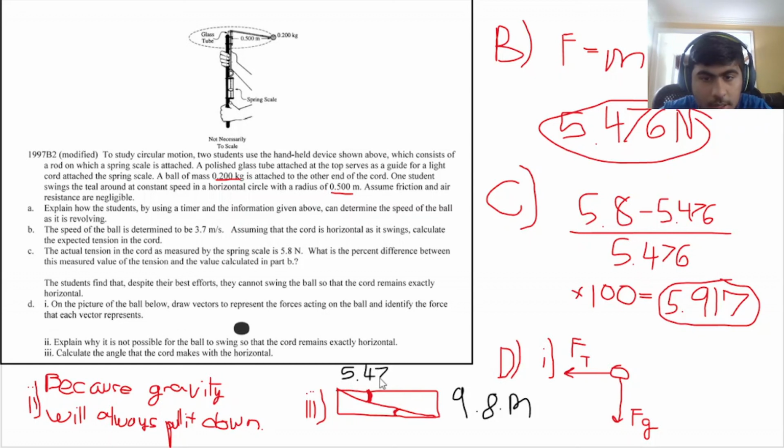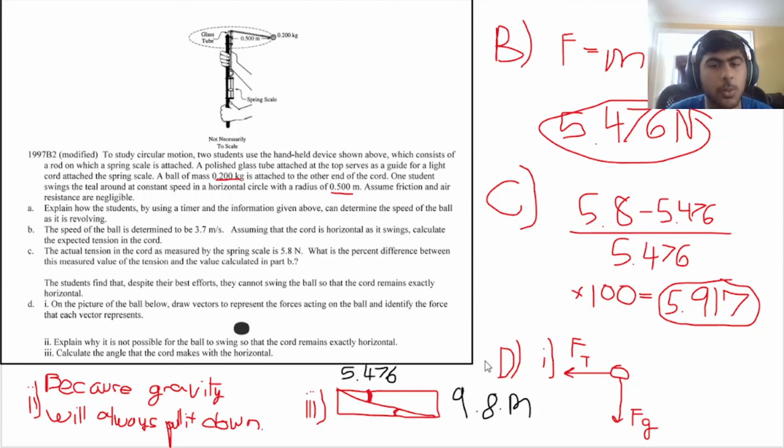And you notice something. If you take that 1.96 and that 5.476 and use the Pythagorean theorem, you get that the tension of the rope is 5.816.